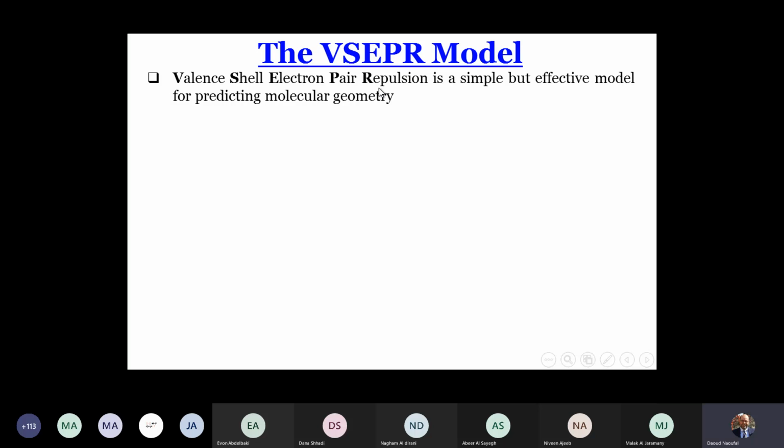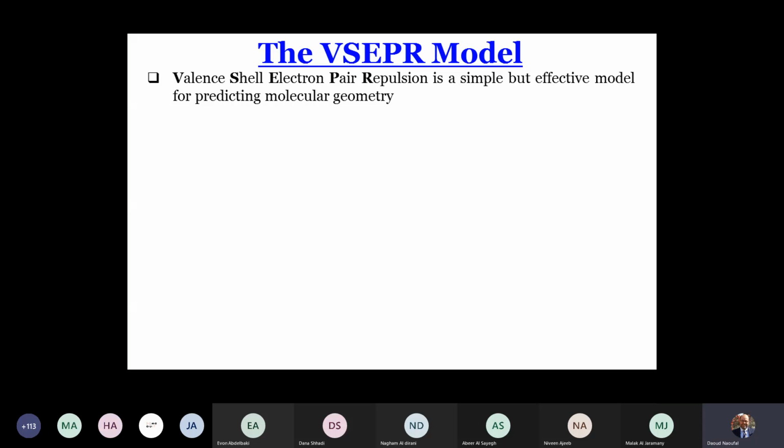The geometry of the molecule is described first by writing Lewis. And when we write Lewis, we are interested only in the valence electrons of the atoms involved. And these electrons are grouped into pairs, non-bonding pairs or bonding pairs. And these pairs, or these electrons, are charged negatively.